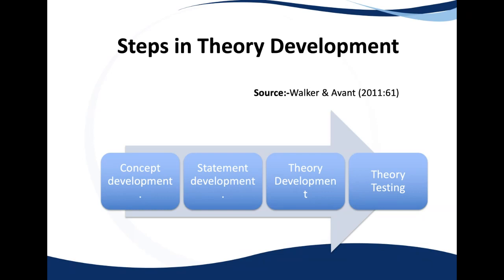The first thing when you are developing a theory is that you develop the concepts that you think are important to the phenomena. So take, for example, if you are interested in the issue of student success within a university environment, in developing your concepts, you would be looking at those elements that you believe are necessary and add to or influence student success.